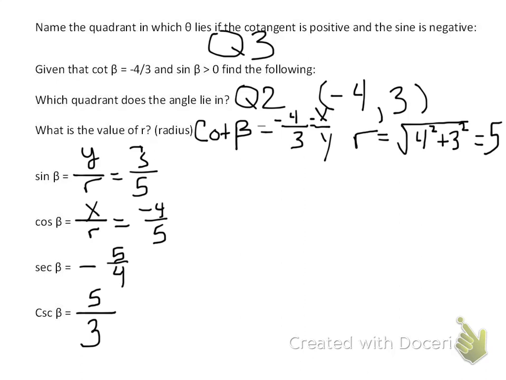Now, what's the only one we haven't done yet? Tangent. And tangent is the reciprocal of which function? Cotangent. What's cotangent? -4/3. So what's tangent? -3/4.